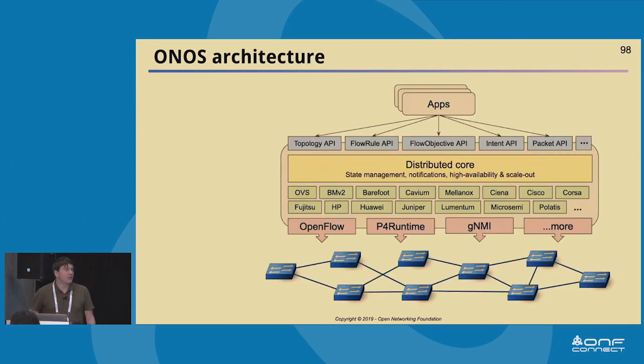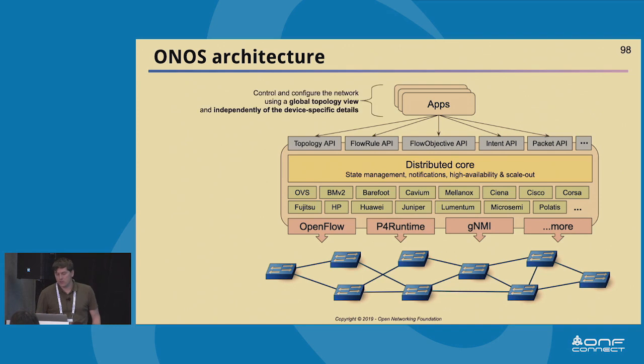This is a diagram of the ONOS architecture. On top, we have applications that, in the pure SDN style, want to control the network from a logically centralized point of view. To do this, these applications use northbound APIs exposed by ONOS.